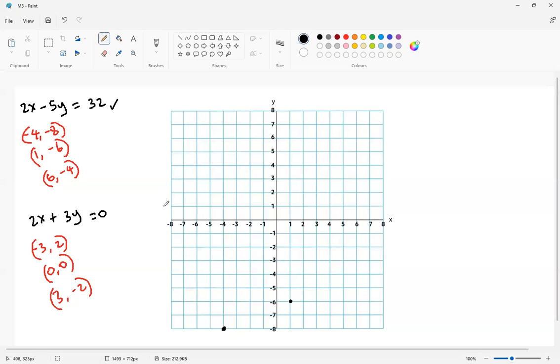Then next is 6, minus 4. Minus 4, minus 8; 1, minus 6; 6, minus 4. Now let's draw this line.